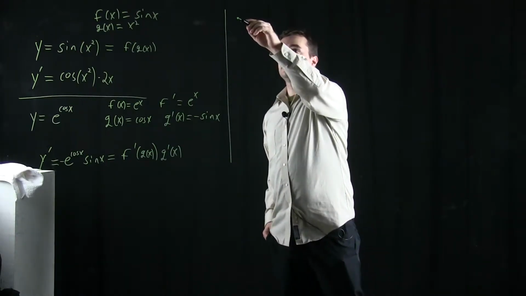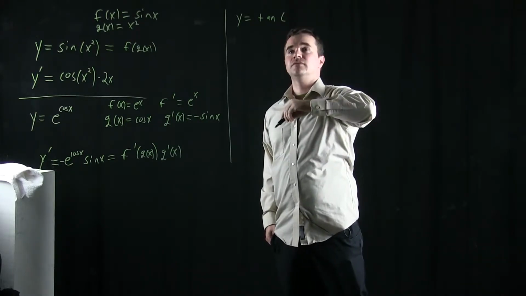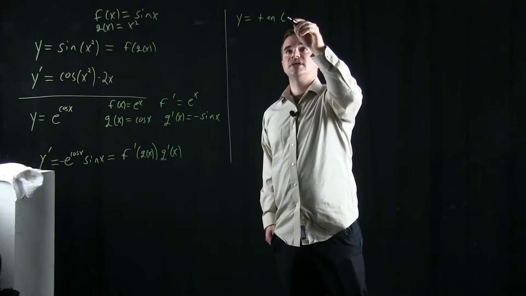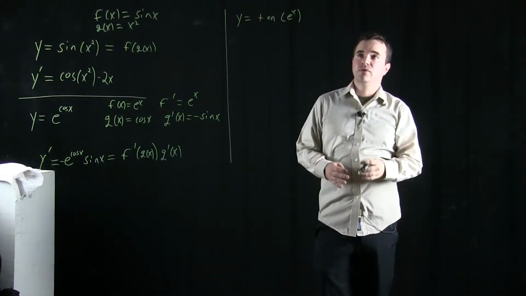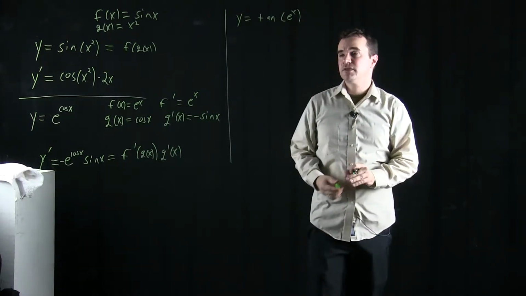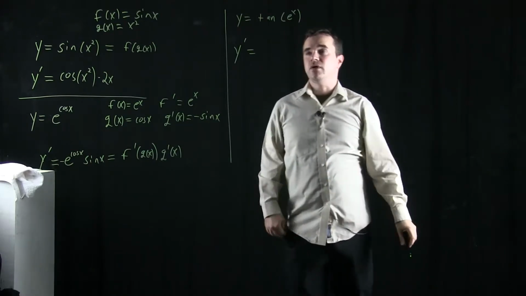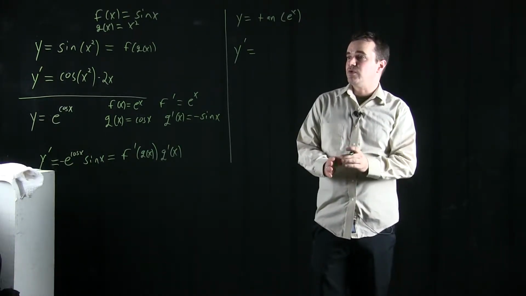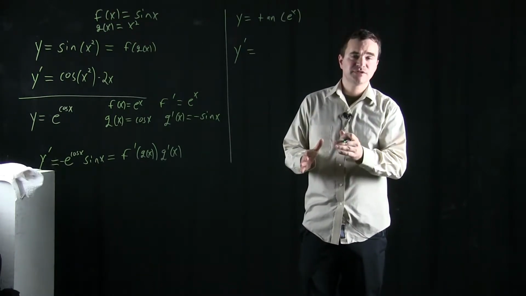Let's take y equals tangent of, I don't know, let's say e to the x. This time I want to think of e to the x as my inside function. It's being plugged into a tangent. I want to take the derivative of this. So now I'll just take the derivative without writing down explicitly what f and g are, but try to keep it straight in your mind.